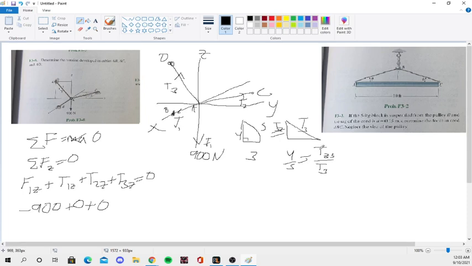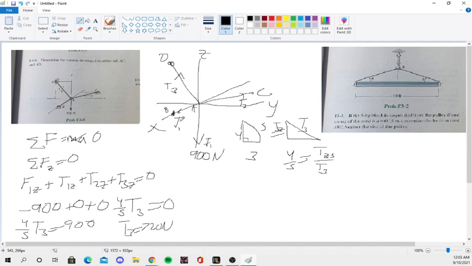So 4/5 T3 equals our T3z. So negative 900 plus 4/5 T3 equals 0. When we solve this, we get 4/5 T3 equals 900 newtons, and 1/5 of 900 would be 180, so times 4 would be 720. So T3 equals 720 newtons.